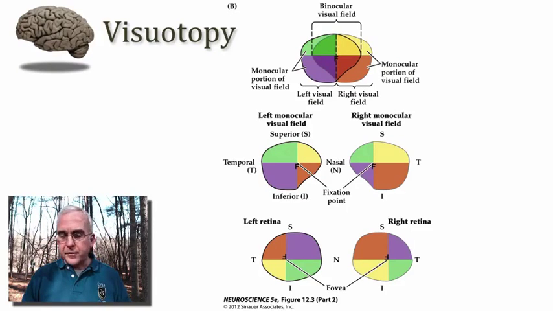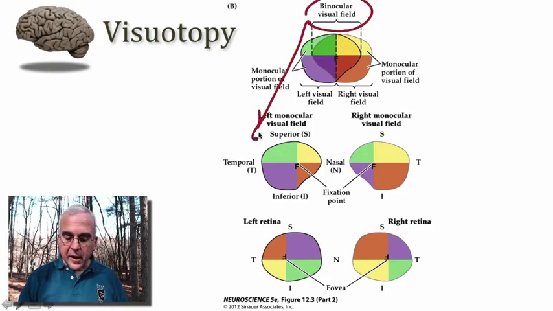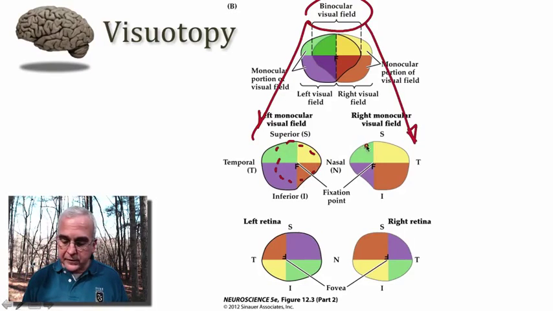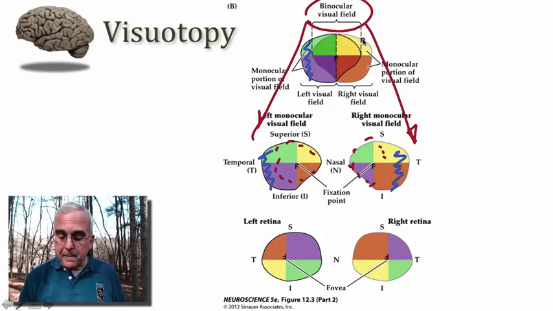Now notice that what we've done is we've taken this space that both eyes see, called the binocular visual field, and we've separated it out. All right? So both eyes are capable of seeing roughly this much visual space. But there's a region on the temporal or lateral extreme of the view of each eye that is monocular. That is, it's only seen by one eye.